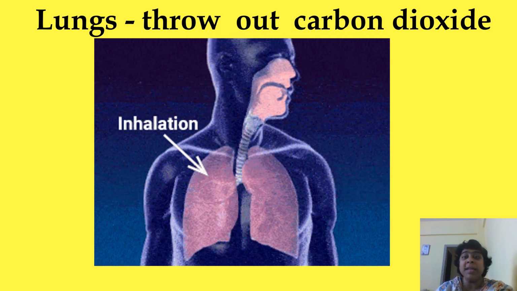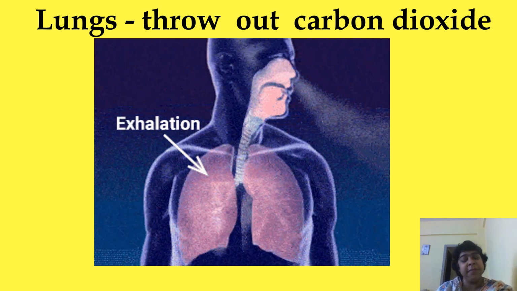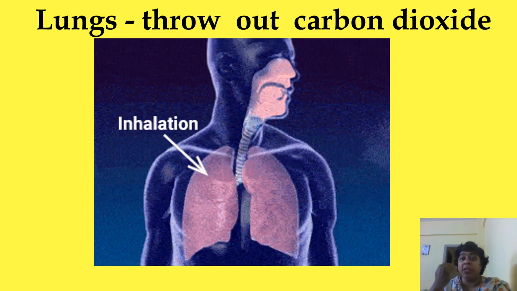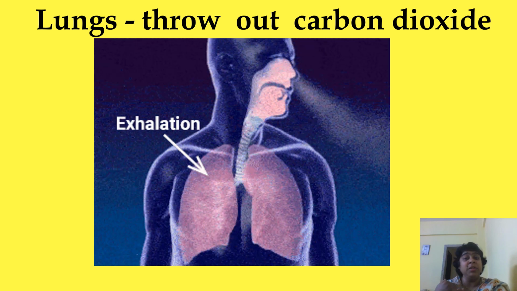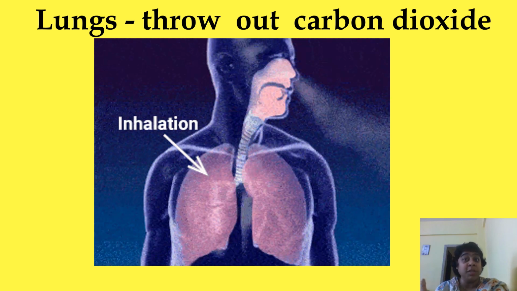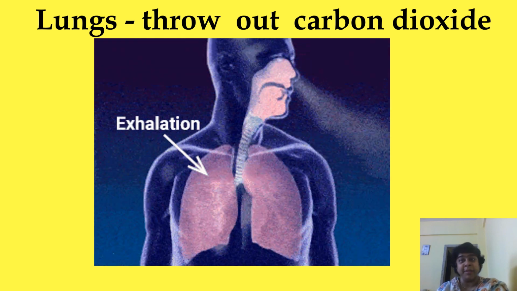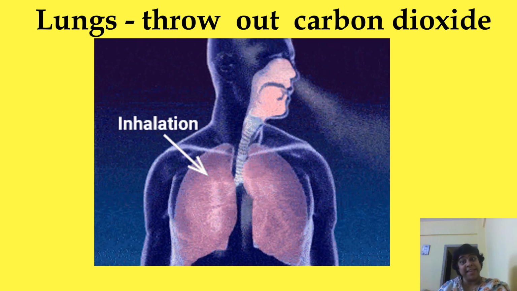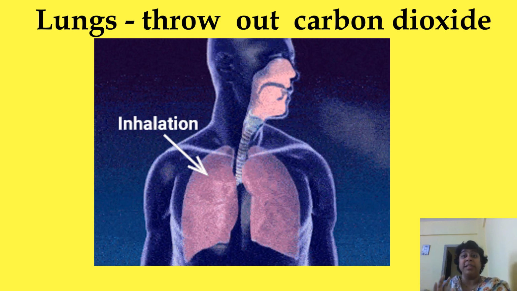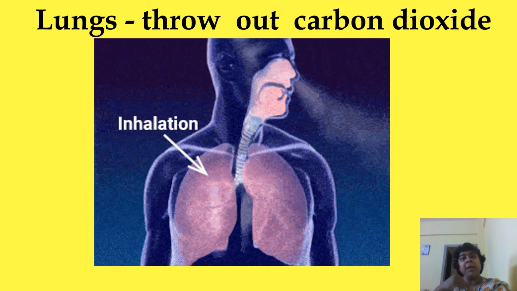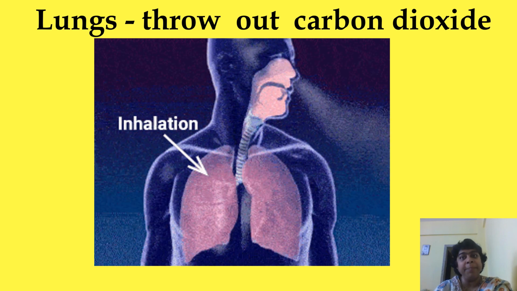Now, how do the lungs help us? Yes, we inhale oxygen, then as we learned in the circulatory system, the oxygen goes into the lungs, it goes into the blood, becomes oxygen rich blood, and that goes to the heart and then to the other parts of the body. And the veins carry the deoxygenated blood or the carbon dioxide rich blood. Now, can we keep the carbon dioxide in our body?